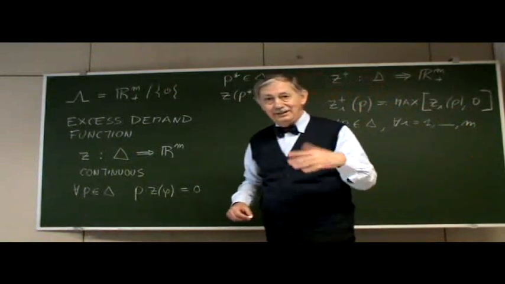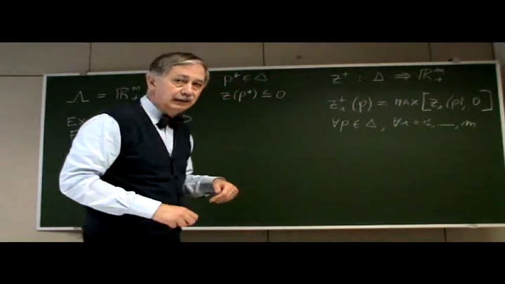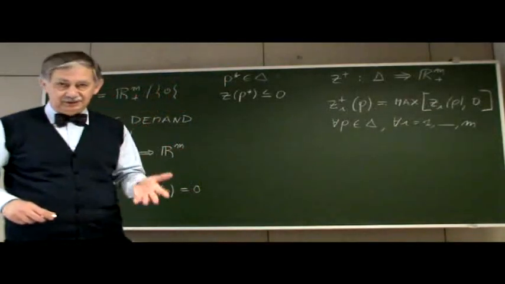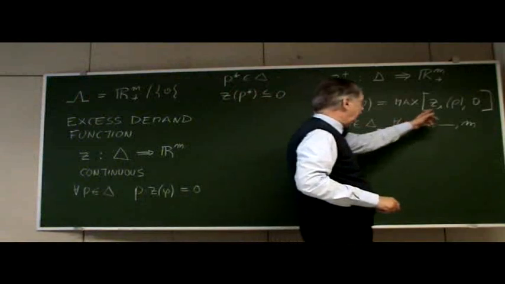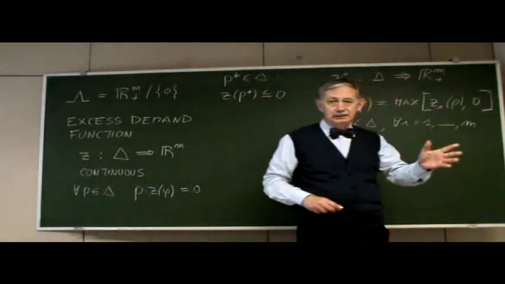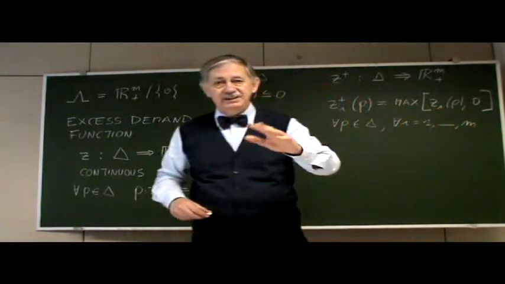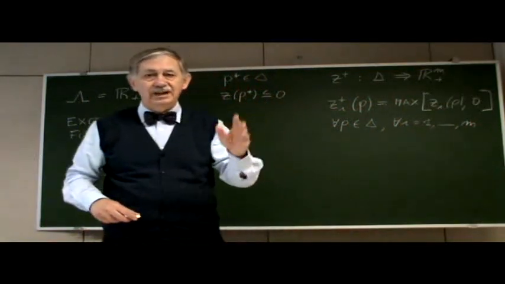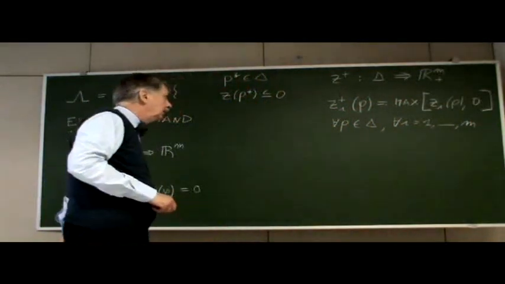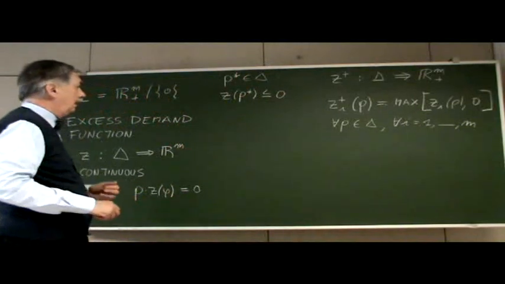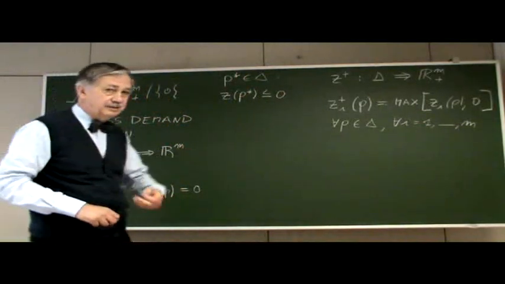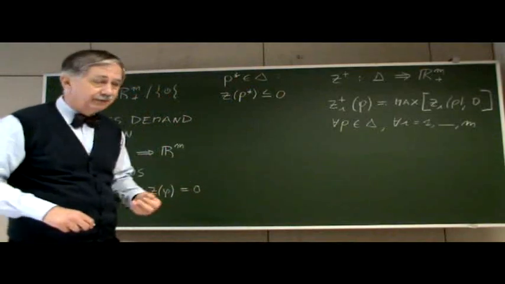It cancels the negative excess of demand and substitutes it with 0. For all the positive excess of demand, z plus i of p is exactly equal to z i of p. This is the actual excess of demand. In other terms, the positive or non-negative excess of demand.